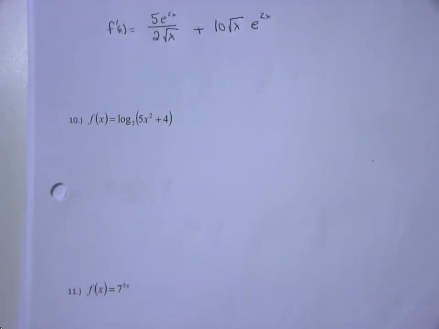Take a look at number 10. f of x is equal to the log base 3 of 5x squared plus 4. Now remember our rules, and this is what I'm trying to drum into your head. The derivative of log base a of x is 1 over x times 1 over the natural log of a. We've got to do the adjusting factor because we're not dealing with natural logs here. But the derivative of log base a of a function is going to be 1 over the function times 1 over the natural log of a for the adjusting factor, but then times the derivative of the inside.